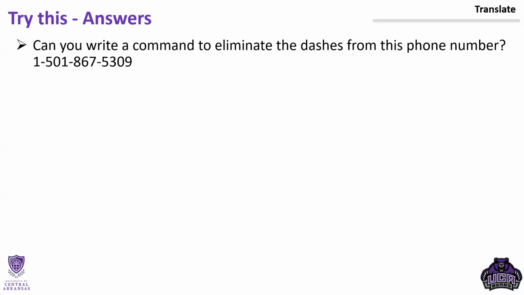So you'd start with echo and then put the phone number in quotes, pipe it to tr, and then go from there. Anybody got anything yet? What you got? So you would do echo the phone number, and then you could pipe it to tr. Perfect. And then you would use the -d option to delete, and then you put the dash, right? Perfect. You did exactly the way I did it. There's other ways of doing it.